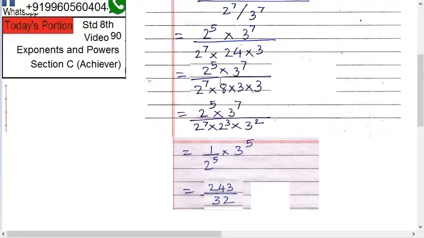Okay. Now 2 raised to 5 into 3 raised to 7 upon 2 raised to 7 into 8 is what? 2 cube. 2 raised to 3 into 3 becomes 3 square. Bring everything in terms of 2 and 3.